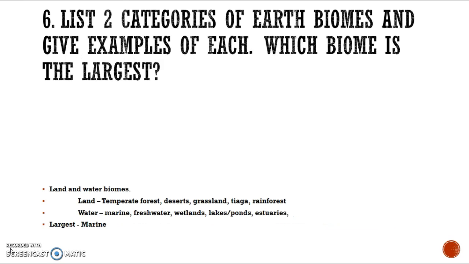We talked about land biomes and water biomes. So we have terrestrial biomes and we have aquatic biomes, and you can see some of those listed on the board. We talked about them in class. There was also some links in your content to preview some more about them. We know that the largest biome is the marine biome.